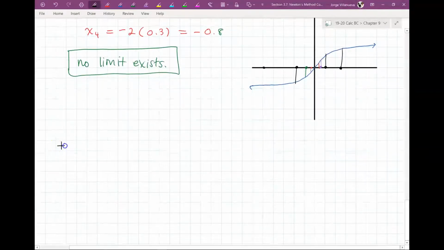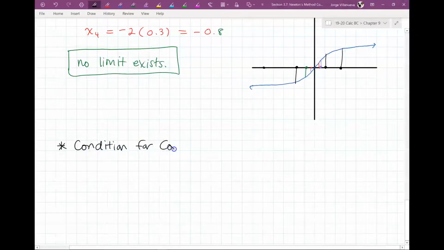So there's a condition for convergence. If you want to check before you do all the work whether or not it's worth doing the work, then this is the formula you use. It's not an easy looking formula.